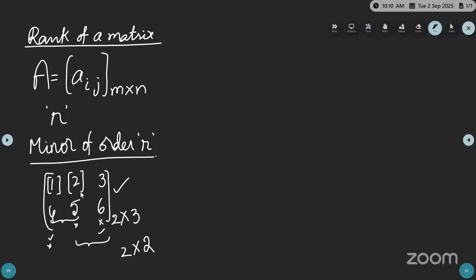By deleting some rows or columns or both, keeping small r number of rows and small r number of columns.